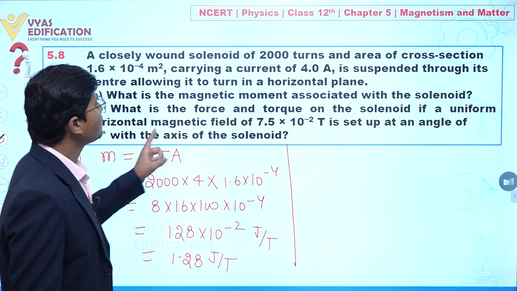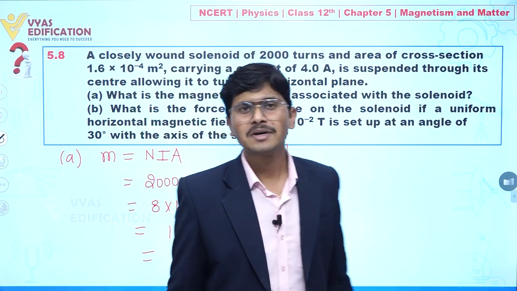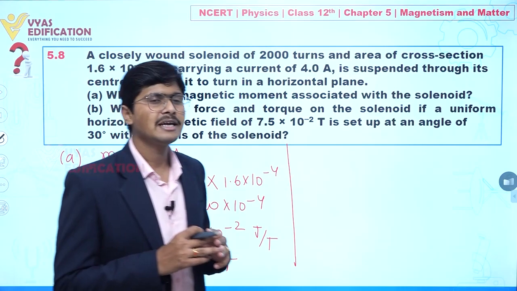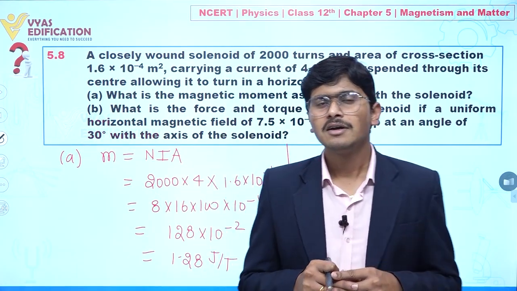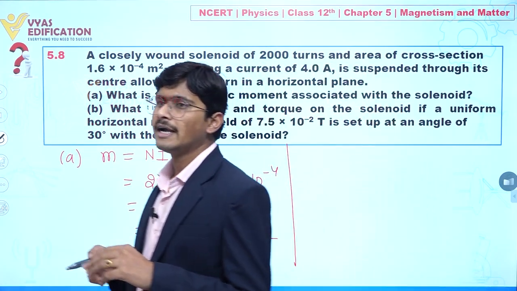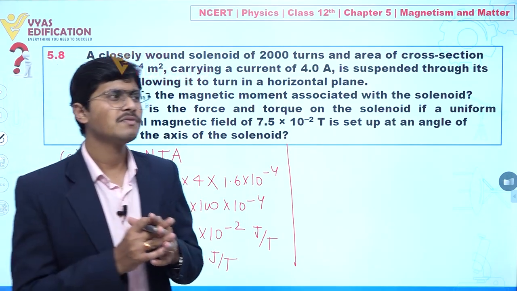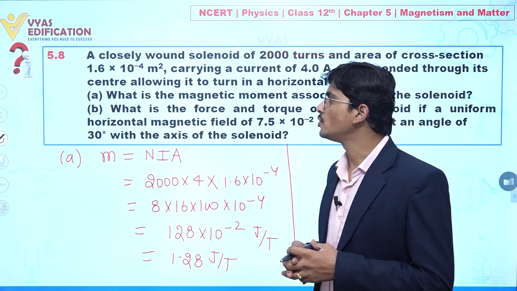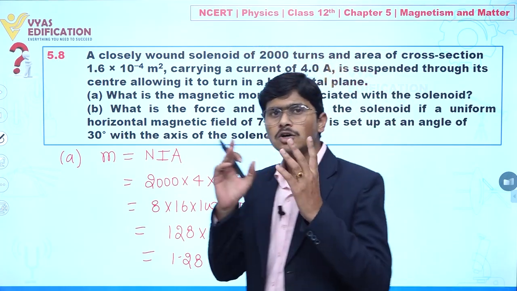What is the force acting? Now always remember, whenever we place a current carrying wire in a magnetic field, and the current is flowing, what about the force? The force acting will be 0. Why? Because this is a closed loop.